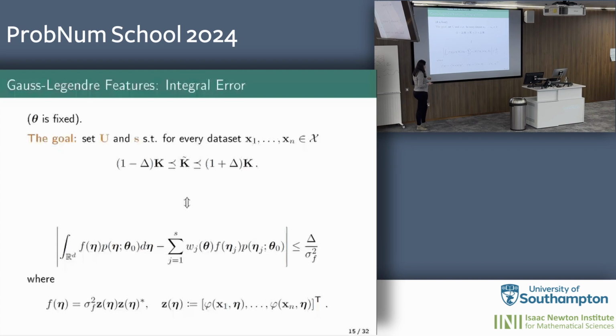And these z of theta are basically the vector of features. Of course, I want to analyze this error using Gauss-Legendre quadrature and see how many nodes I need in this quadrature rule to achieve this error.